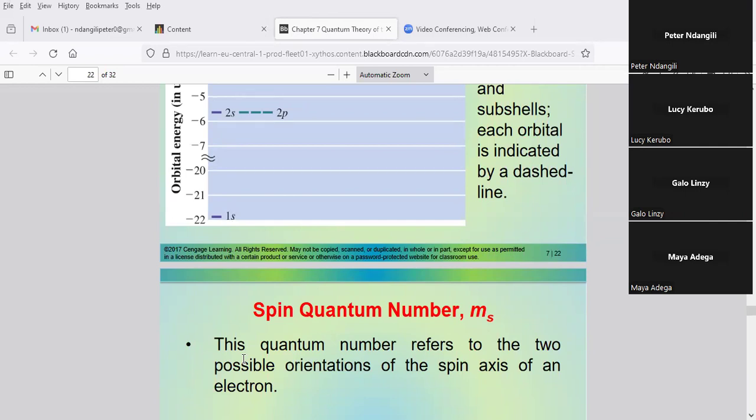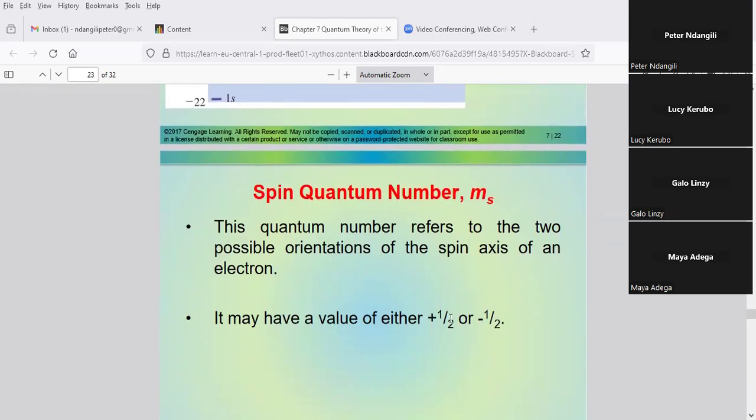There are only 2 possible values of ms: it is either a half or negative a half. Conventionally, when an arrow is written facing upwards, that is positive a half, and when the arrow faces downwards, that is negative a half. That is how we conventionally illustrate the spin quantum number.